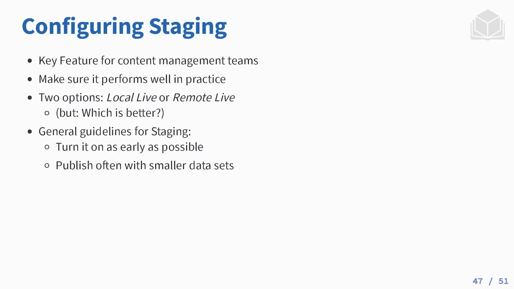We have general guidelines for staging. One of them is staging is always hard to bring in later in life. When you know you want staging, do so. Switch it on as early as possible. Don't start with non-staging only to activate staging later. And publish early and often, with smaller data sets. What does that mean?